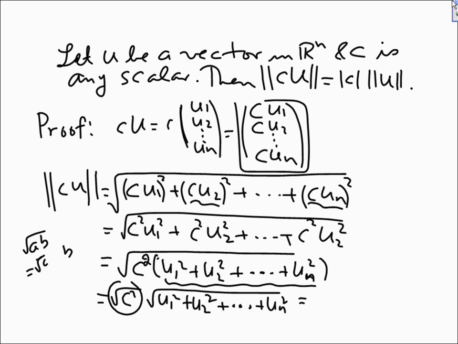The square root of C squared is the absolute value of C, times the square root of this mess, which is by definition the length of U. So I got just what I wanted, and this video for n vectors is complete.